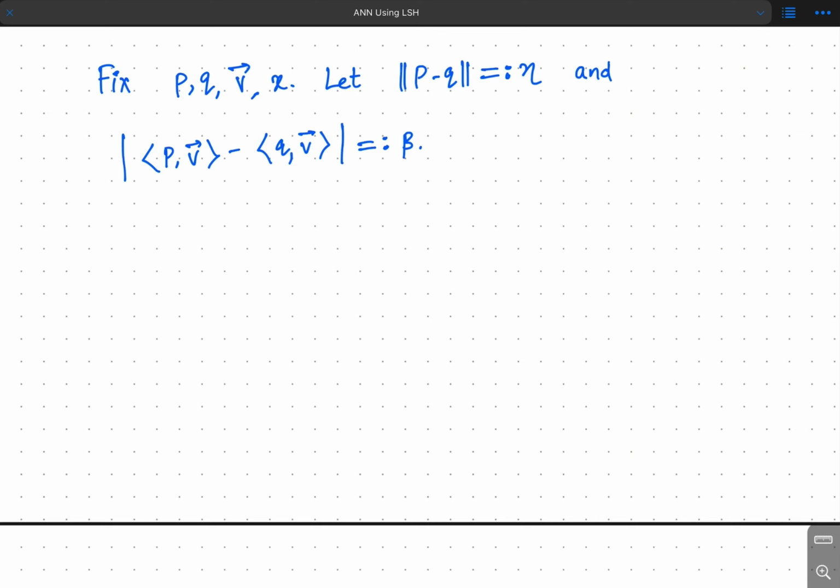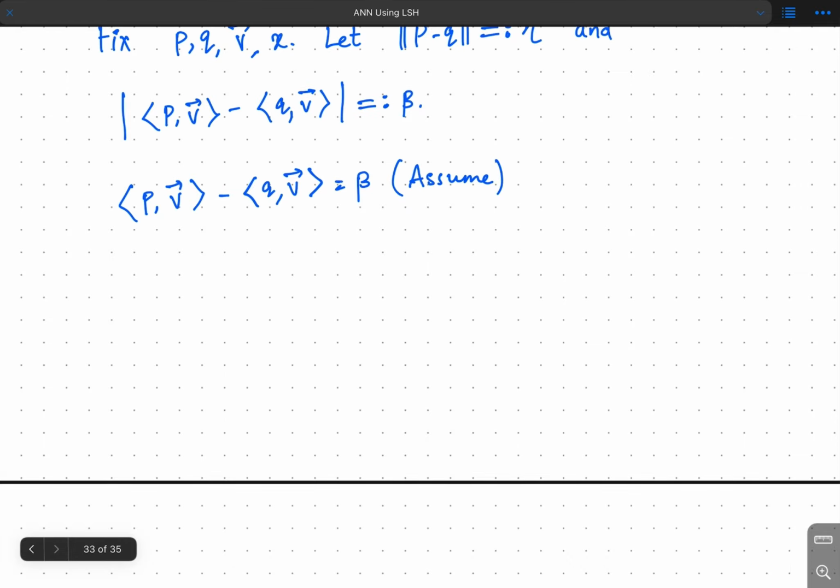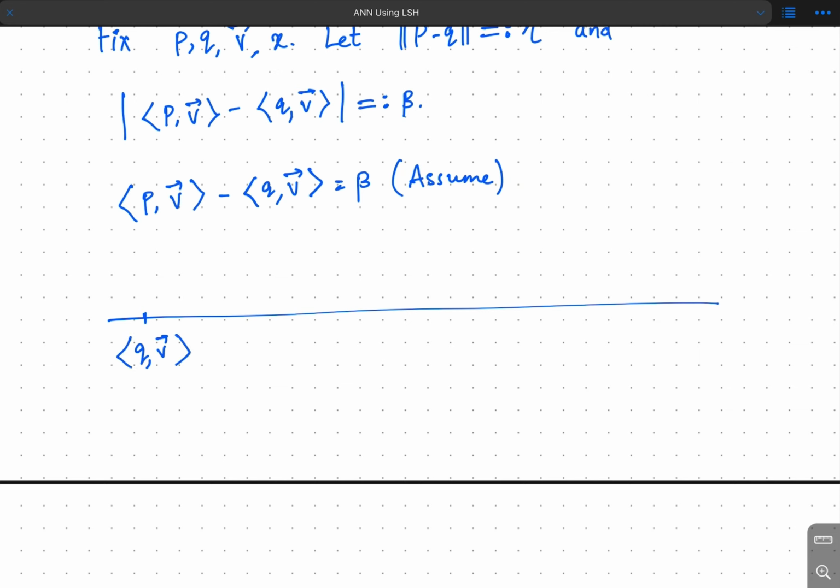Also, without loss of generality, assume that p comma v bar minus q comma v bar is equal to beta, so p comma v bar is greater than q comma v bar. Now let's have this real line where q comma v bar lies here and p comma v bar lies here.